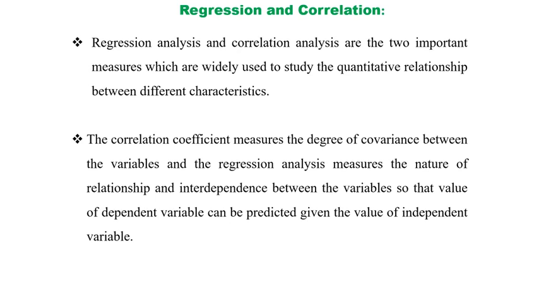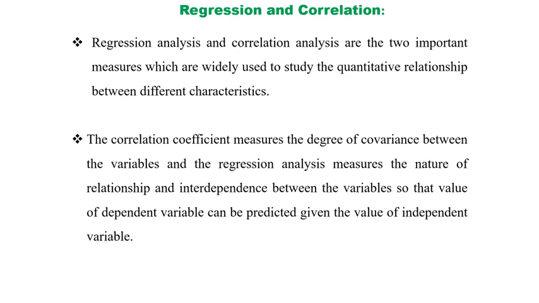You will be studying them in your higher studies. The correlation coefficient measures the degree of covariance between the variables. You know that. And the regression analysis measures the nature of relationship and interdependence between the variables so that value of dependent variable can be estimated given the value of independent variable.